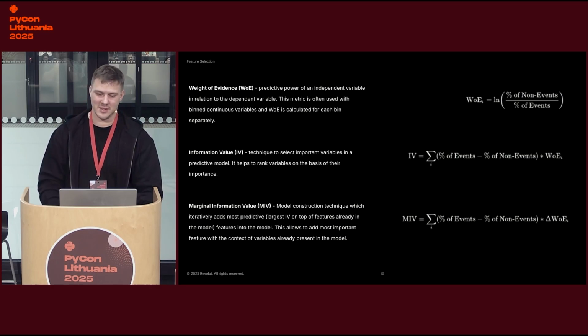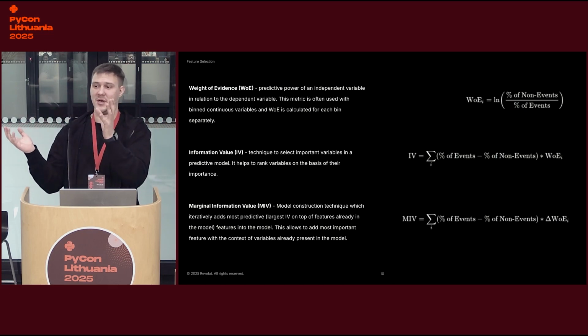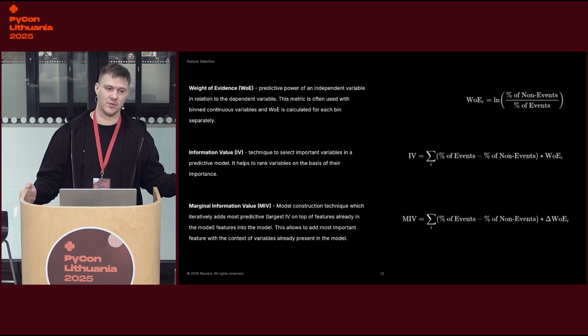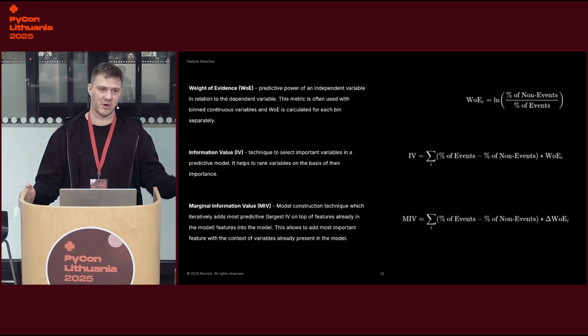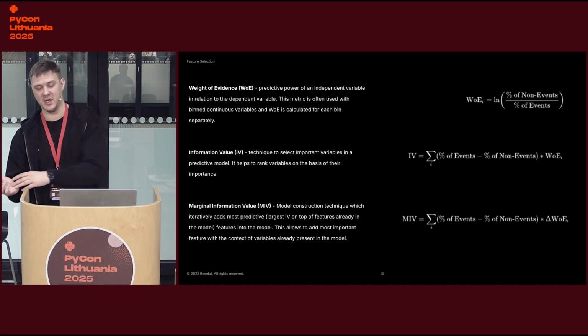But essentially it's just an example of what can be used. Any other technique would also work, and it's mostly about the process: we need to come up with the feature pool, we need to come up with some feature selection technique, and then we are able either to train the model automatically from the ground up, or we are able to find features which we can add on top of the current model.